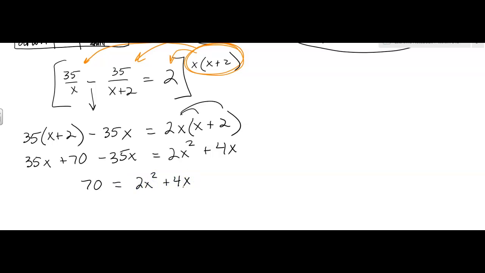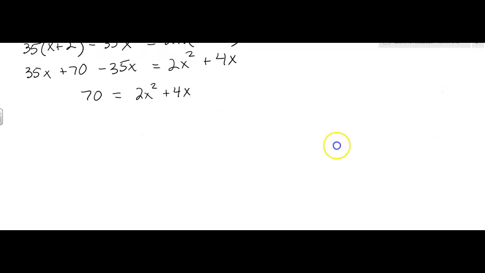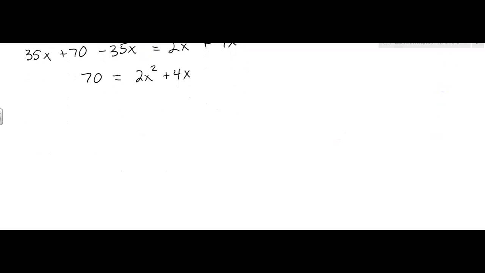Now, I'm going to do a little trick here. I don't know if I've showed you this before. I think I have, but maybe not. Do you see how they're all divisible by 2? I'm going to make my numbers smaller and divide everything by 2. I'm allowed. I'm dividing both sides by 2. 35 equals x squared plus 2x. That's going to make my life just a little bit easier.